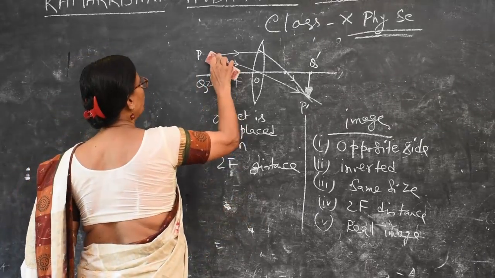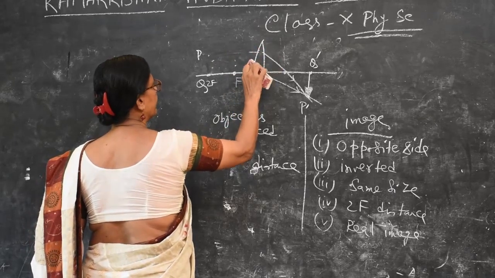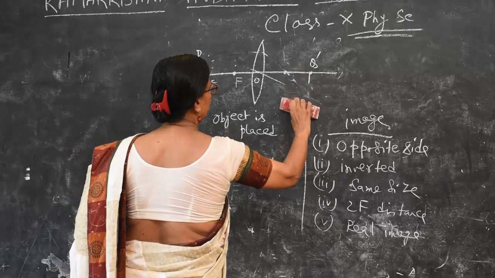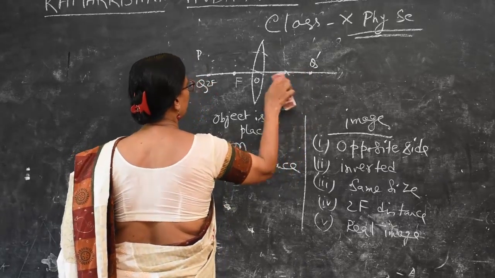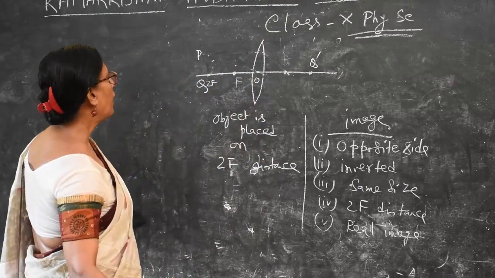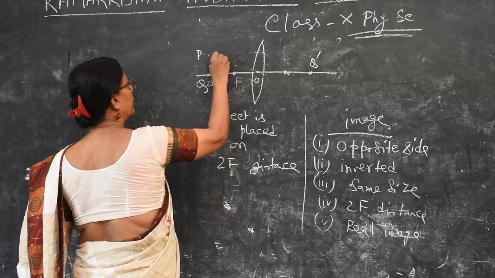We remove PQ here, we do not remove the lens, we just remove this one. Now we put PQ here, in between.